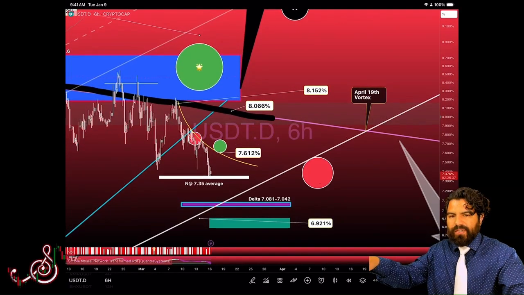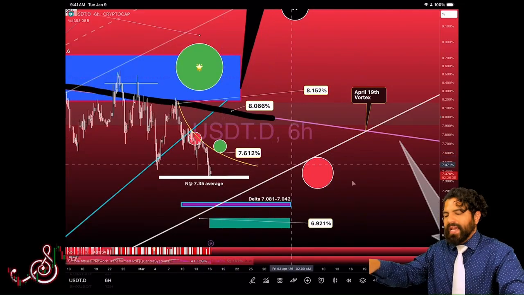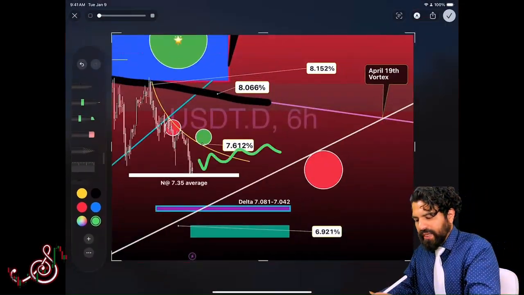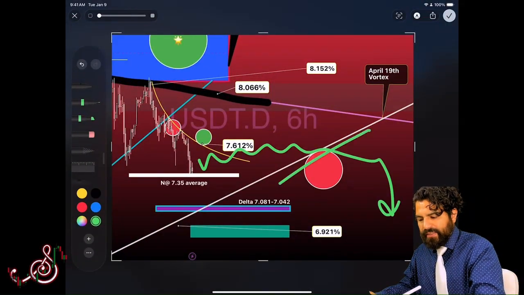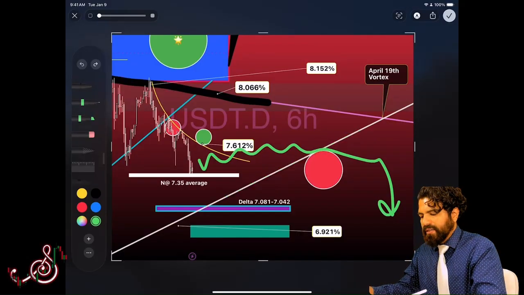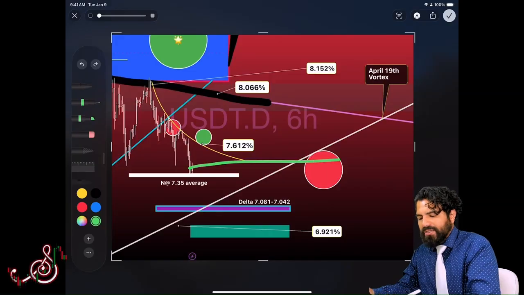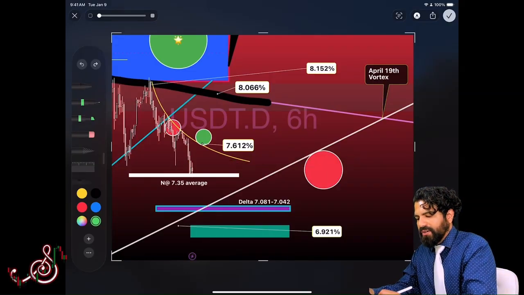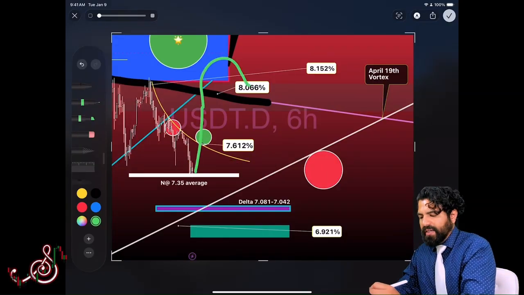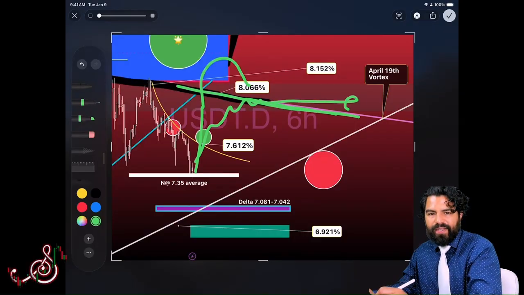If you're unfamiliar with vortexes, basically price cannot wiggle here, otherwise it fades into weakness. But if it goes up, it has to break out. Otherwise, if it stays on the high side, it can fade into weakness.